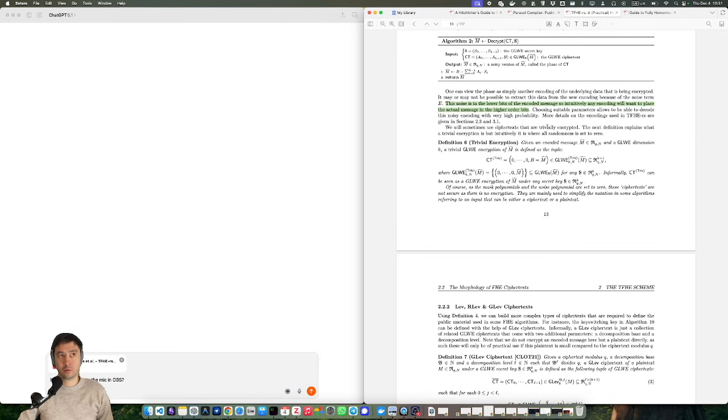Or this is useful when you have a circuit and part of your circuit is to add the encryption of something you don't know plus 3, right? So you have to encrypt that 3 so that you can add them together. So you just need a trivial encryption. You don't care if it's decryptable, I'm guessing. And in this case, you don't even need to mask it, I guess, because you don't care if it's decryptable.